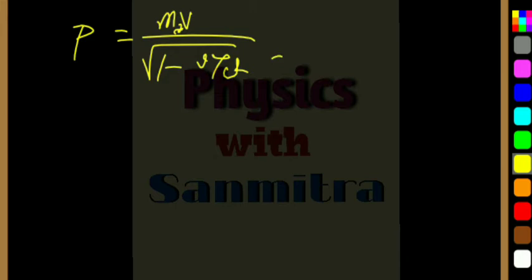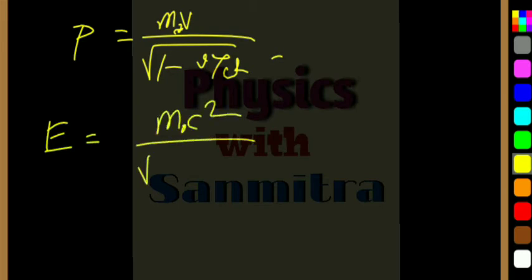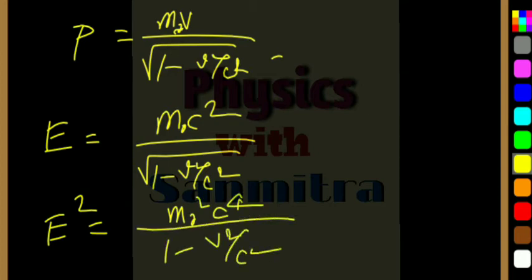And E is equal to the total energy, that is m c square or m naught c square divided by root over of 1 minus v squared by c square. Now if I take E square, it is m naught square c to the power 4 divided by 1 minus v squared by c square.